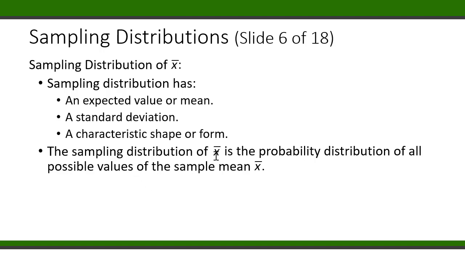The sampling distribution of X is the probability distribution of all possible values of the sample mean X. Think about that. That's a pretty important statement. That distribution is the probability distribution of all possible values of the sample X.